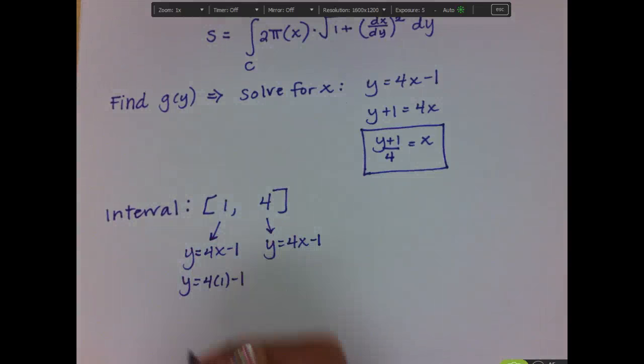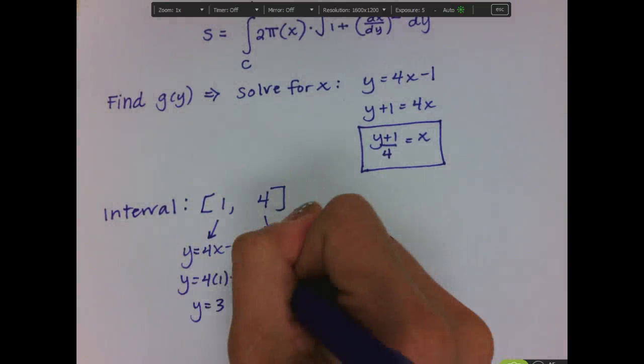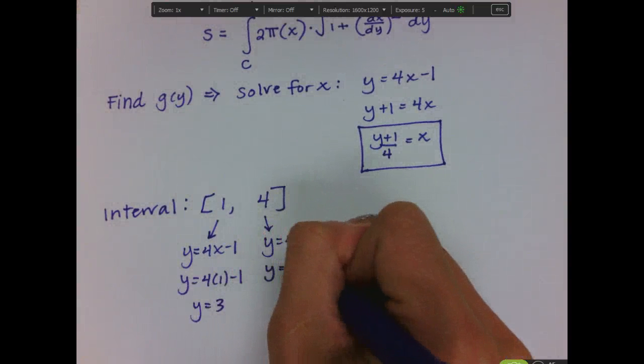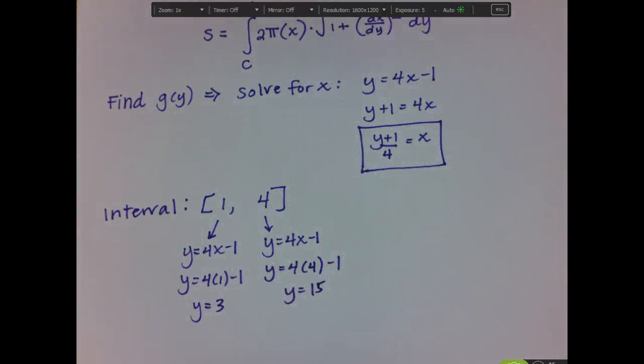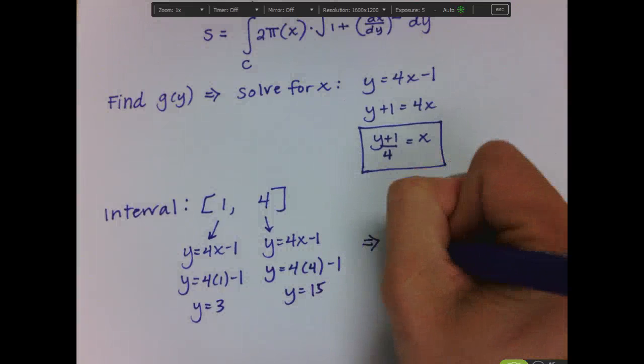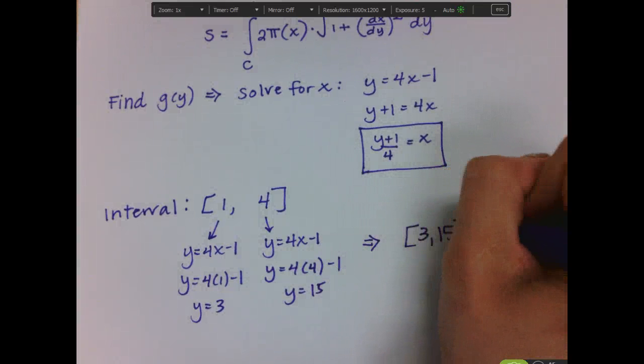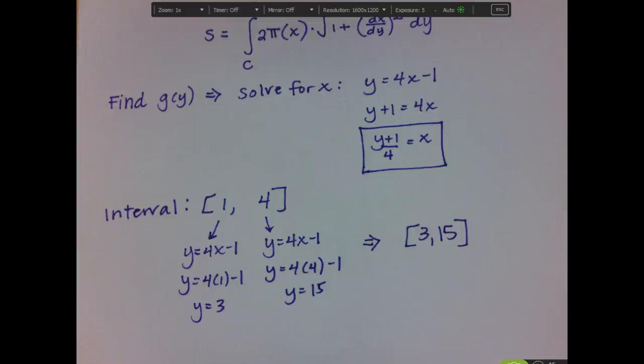So in the first value, I'm going to get 3. And my second value is going to be 15. So my new interval in terms of the y-axis is going to be 3 to 15, and those are going to be my limits of integration.